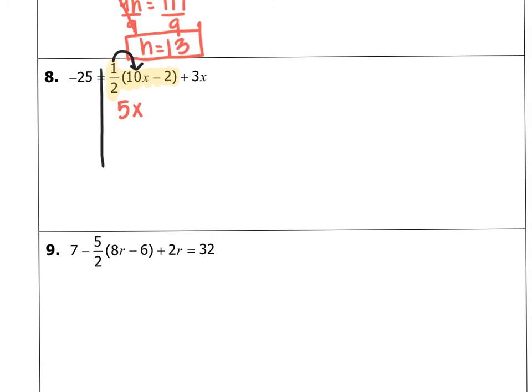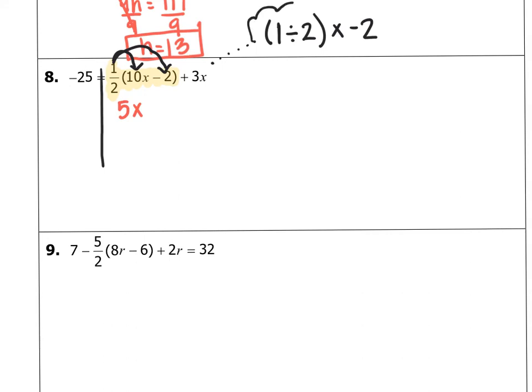Now let's multiply 1/2 times -2. Just so you know, when you type that in your calculator, you would do parentheses 1 divided by 2 and parentheses times -2.